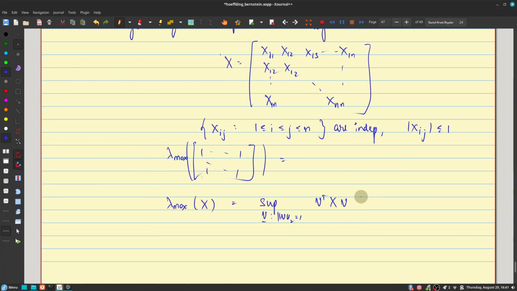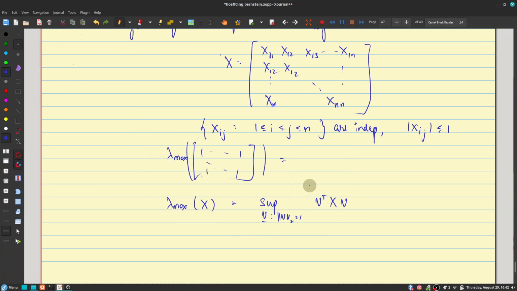I don't care about what the eigenvectors are, I'm only interested in the largest eigenvalue. And the nice thing about this particular form, we'll see it a little bit later, is that this is just a quadratic in v.